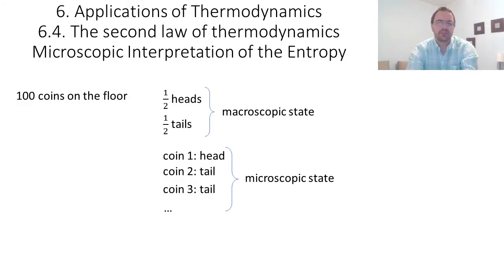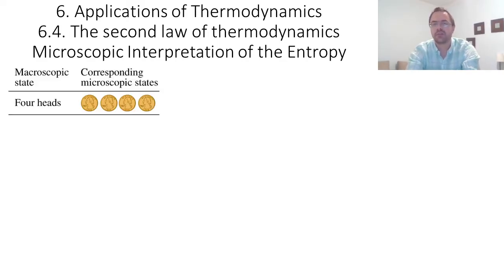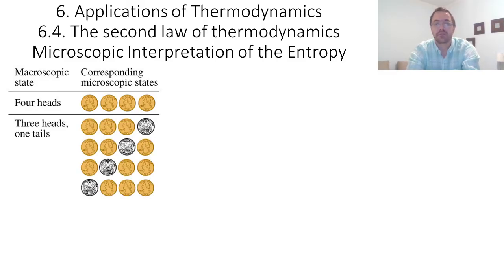Now, 100 coins is a lot. So let's do an example if we have only 4 coins. A possible macroscopic state could be 4 heads, and it would correspond to 1 microscopic state. But if you have another macroscopic state, that would be 3 heads and 1 tail, then there are 4 possible microscopic states.